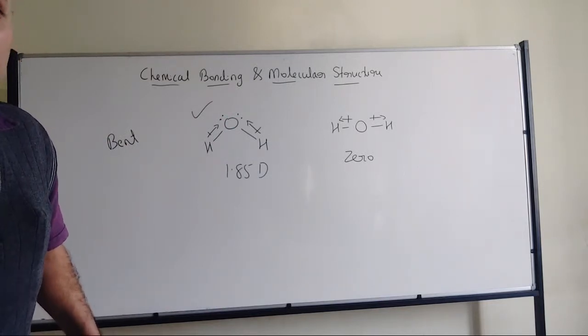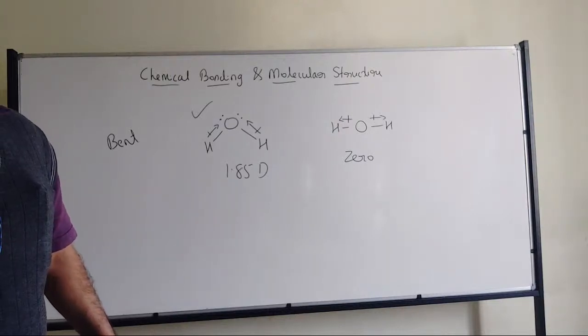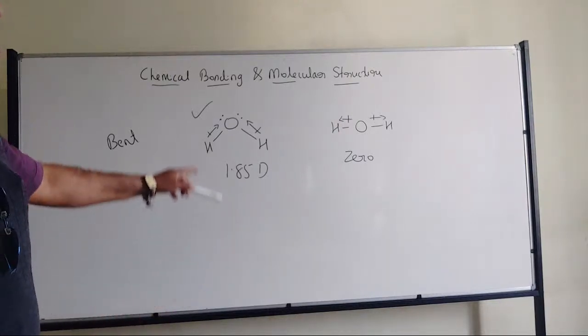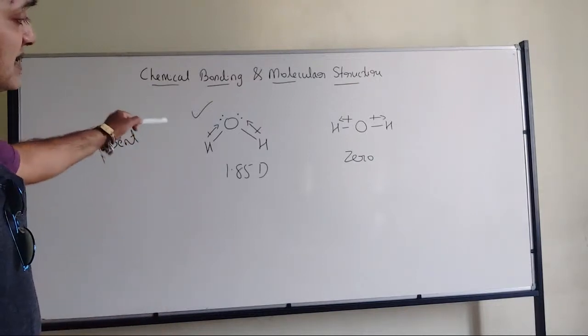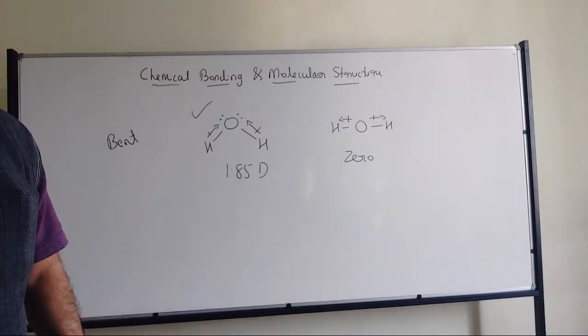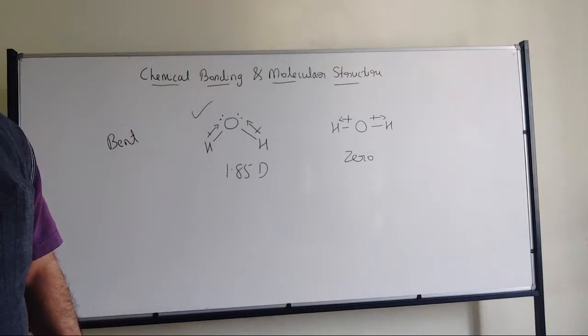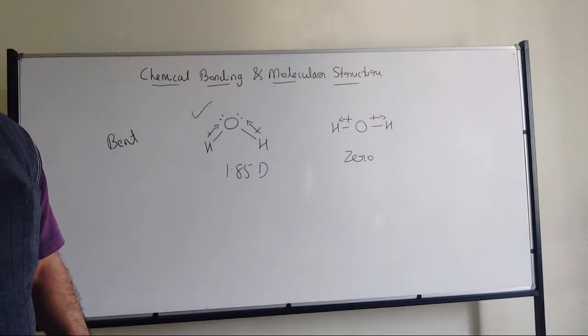In which situation, I don't know. I cannot explain that. That is beyond my reach. But due to the bent structure of water and the presence of dipole moment, we can imagine the world where water is in liquid condition at room temperature.